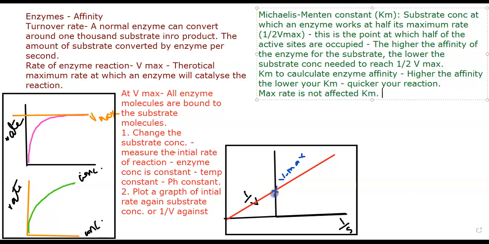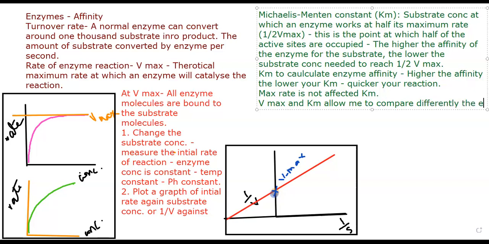And so Vmax and Km are going to provide me with two completely different ways of comparing the efficiency of an enzyme. They're not linked with each other.